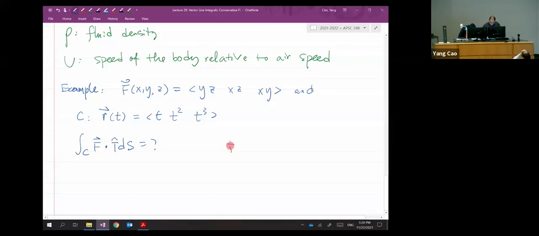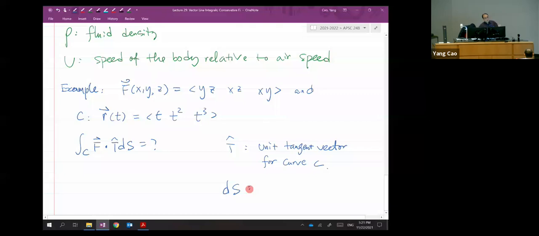So I think you need to bear in mind what t hat is. T hat is the unit tangent vector for the curve C. Okay, that's t hat. And the other one is a quantity ds.